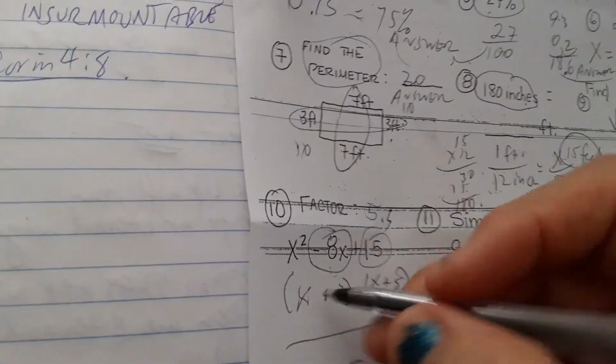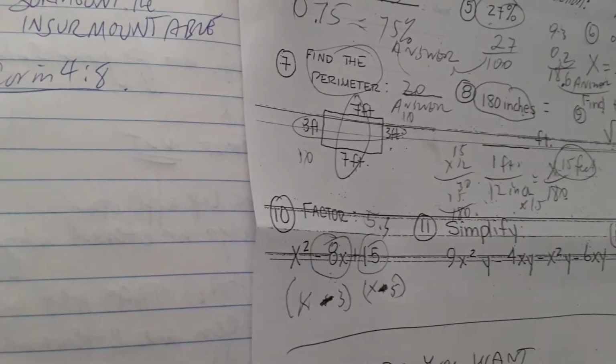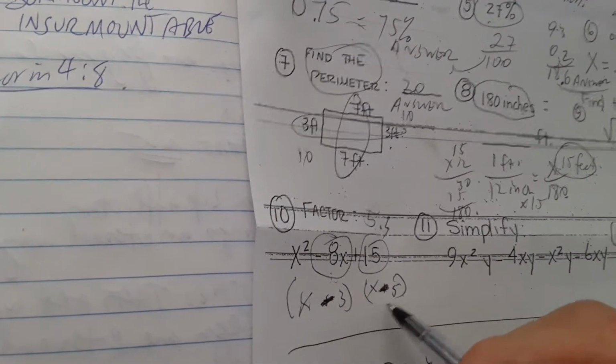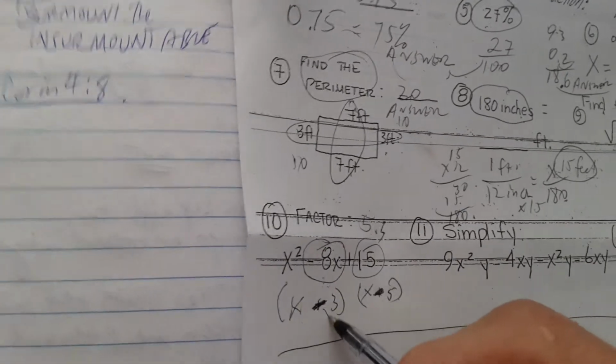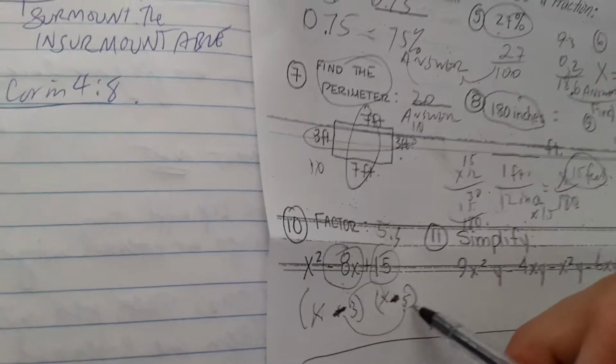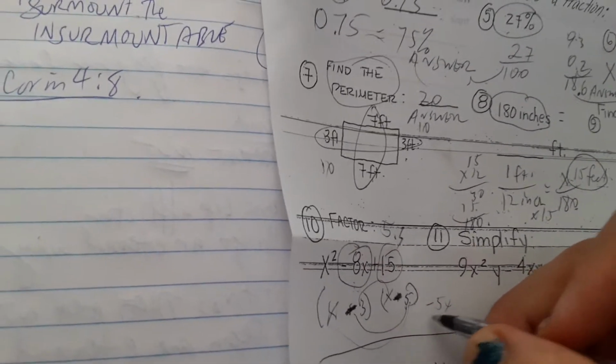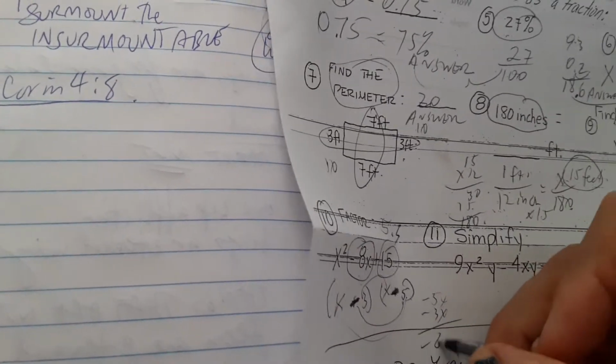So there's a simple thing. If I go negative 3 and negative 5, that will be a positive 15 when we multiply those two. And these two will be a negative 3x and a negative 5x, which makes negative 8, which is our answer.